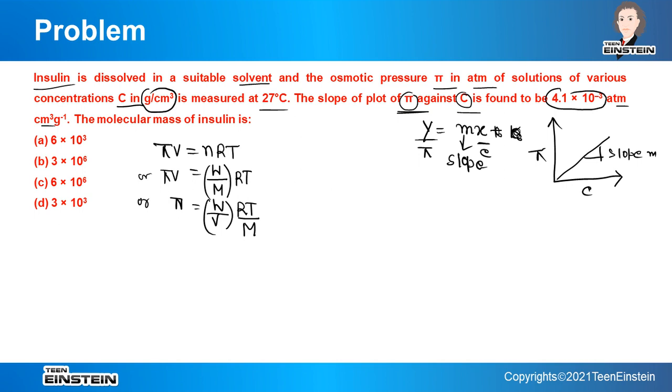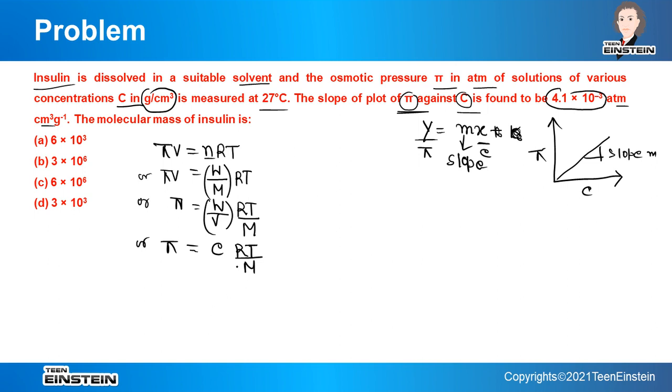Normally concentration is given in moles per unit volume, but here it is given in weight per unit volume. So we have removed n, and in place of n we have written W by V, that is weight per unit volume, so that in place of W by V we can put C. So now the equation will be pi equal to C RT by M.